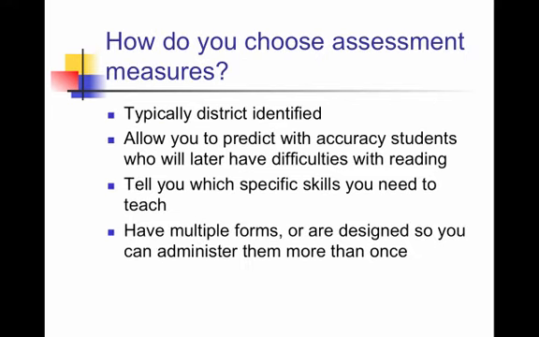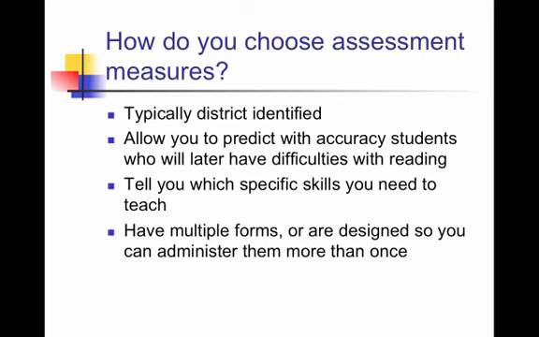The question then is, how do you choose an assessment measure? Well, typically your school's going to tell you which assessments you're going to use, especially formal ones. They're going to identify ones that allow you to predict with accuracy students who will later have difficulties. When you're choosing an assessment, you want to keep in mind that you want to choose ones that are going to tell you specific skills you need to teach.